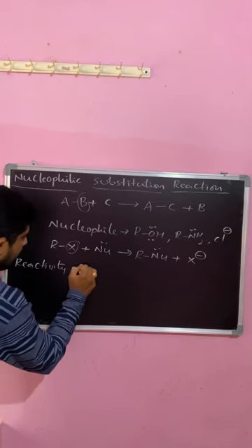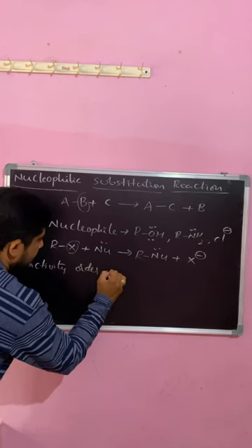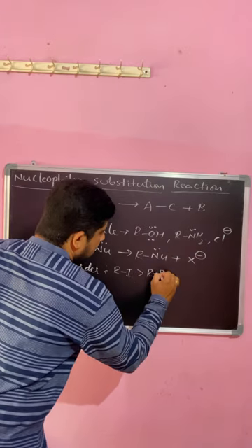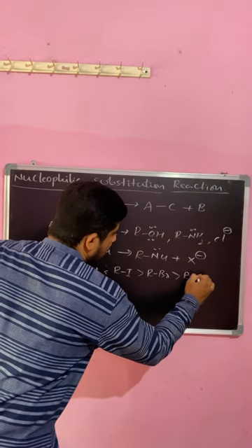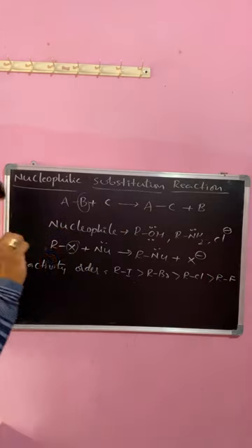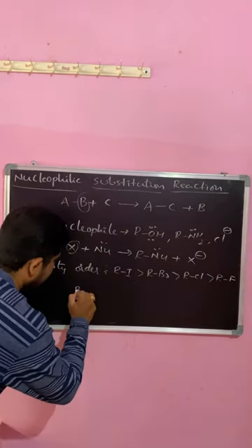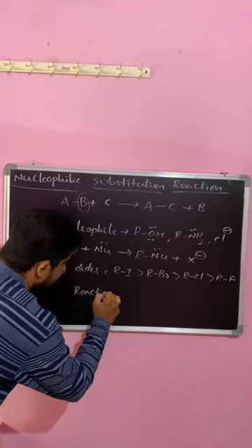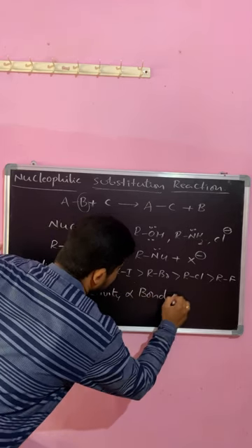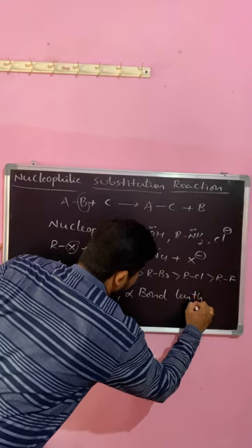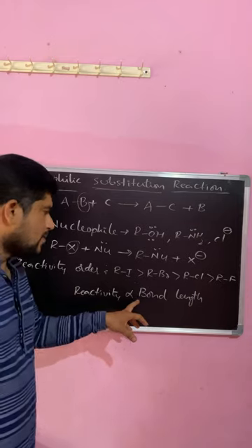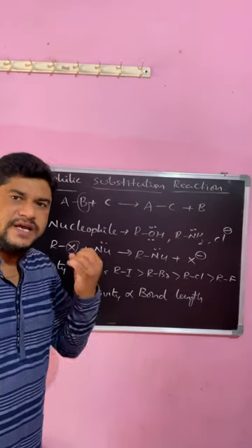The reactivity order of alkyl halides will be like this: alkyl iodide greater than alkyl bromide greater than alkyl chloride greater than alkyl fluoride. Here reactivity is directly proportional to bond length. As the bond length increases, reactivity increases.